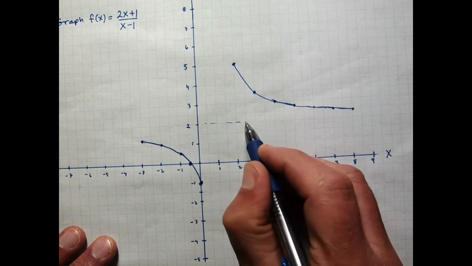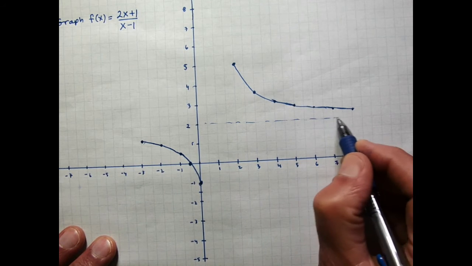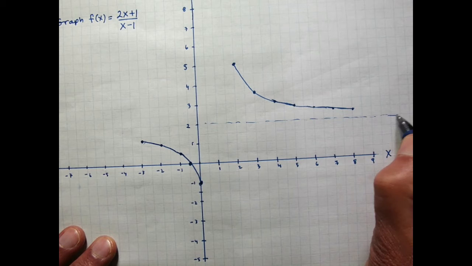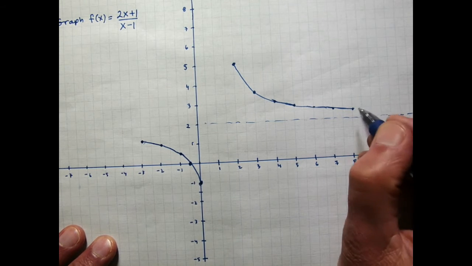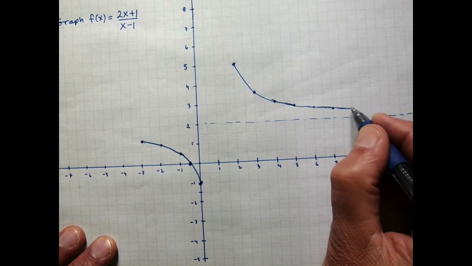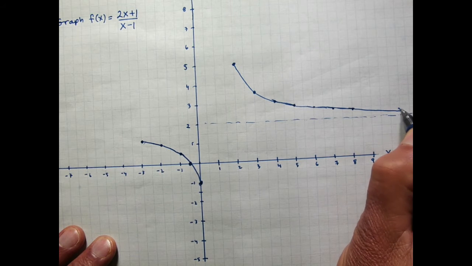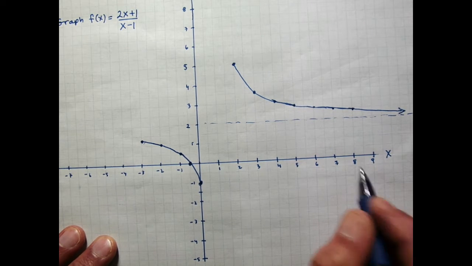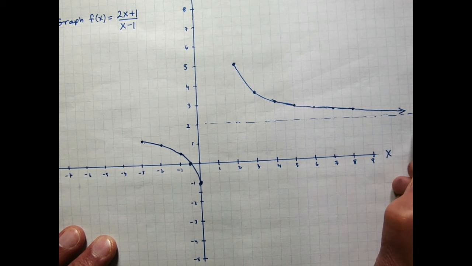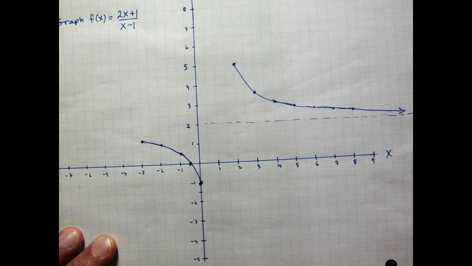If I go to the right, I'm putting in a dotted line here, because it seems that I'm getting closer and closer to that y equals 2 value, and it also seems like I'm not going to pass below, because I put in 1,000 and I was still a little bit bigger than 2, right?